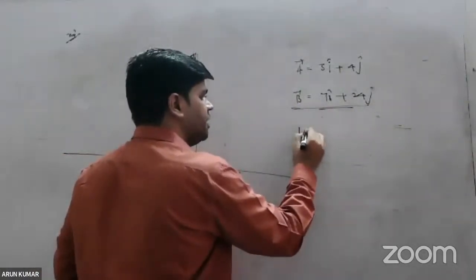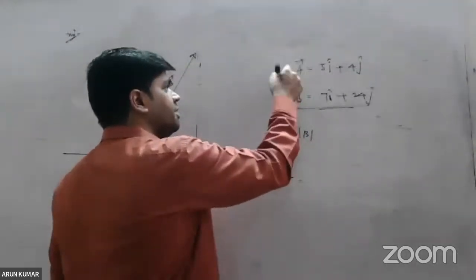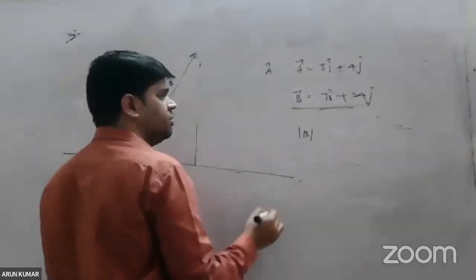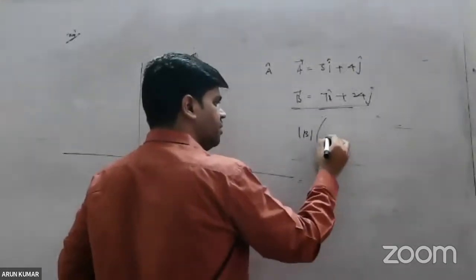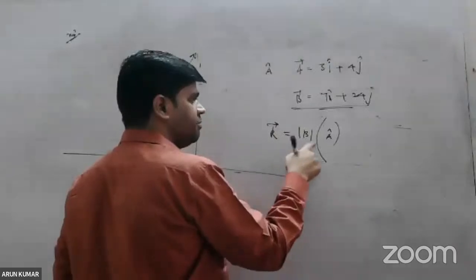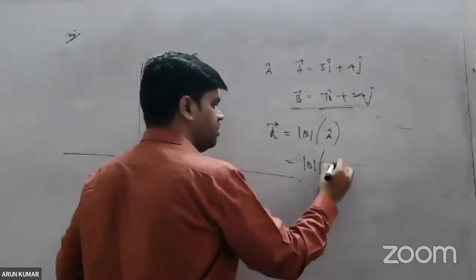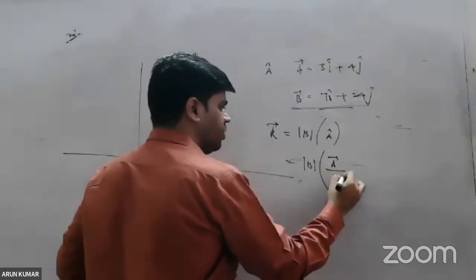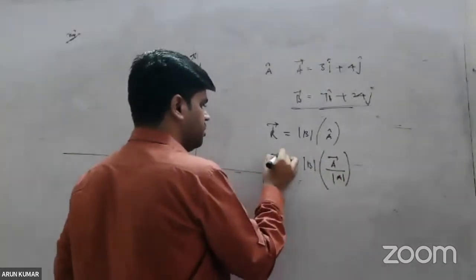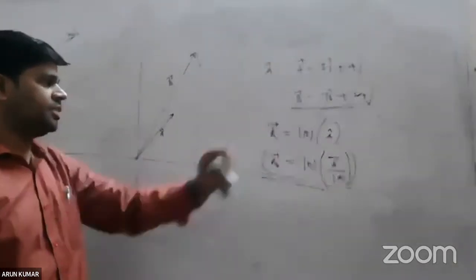Mod B ఉండాలి. కానీ ఏ డైరెక్షన్ లో ఉండాలి? A cap డైరెక్షన్ లో ఉండాలి. So that should be mod B times A cap. My required vector is mod B times A cap, which is nothing but mod B times A bar by mod A. That's the answer.